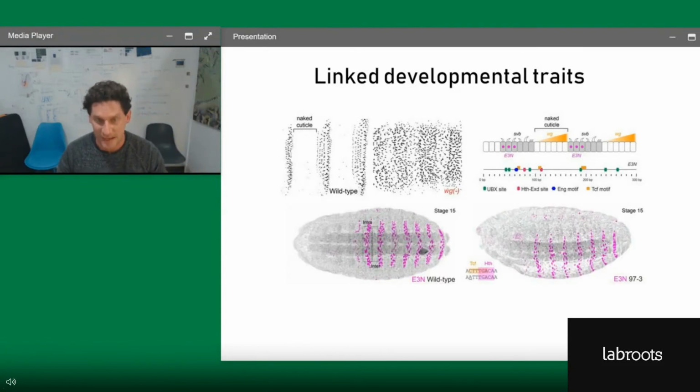So we spent a lot of time looking at this, and one of the major things we found is that every time you would touch one of these binding sites for this transcriptional repressor, because it's directly overlapping one of these activator sites, they're always coupled. Meaning that, I hope you can see on the right, this line known as E3N97-3 is one of these variants in the library.